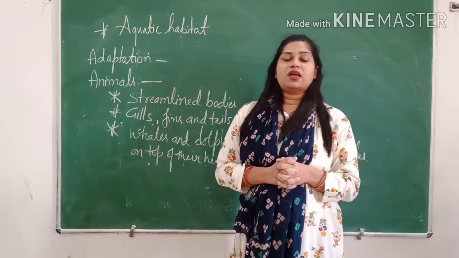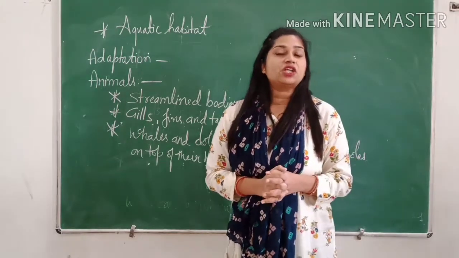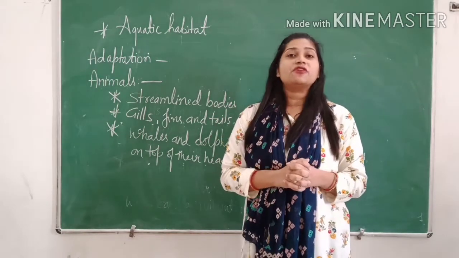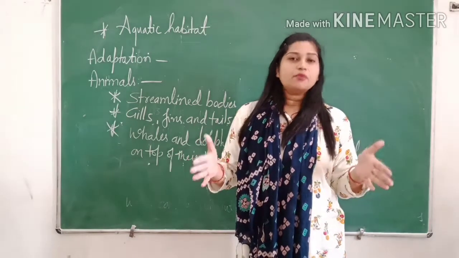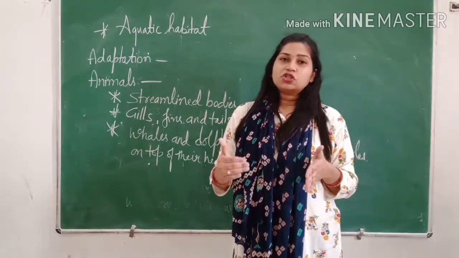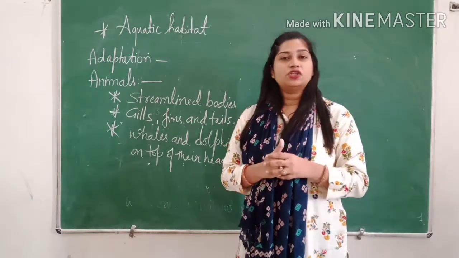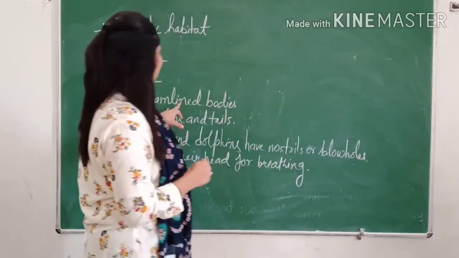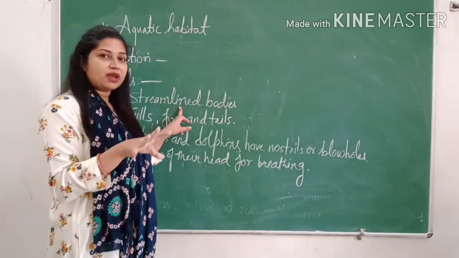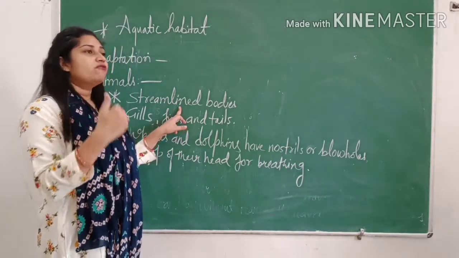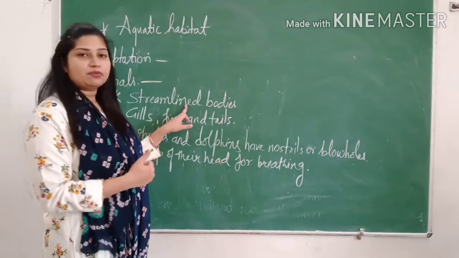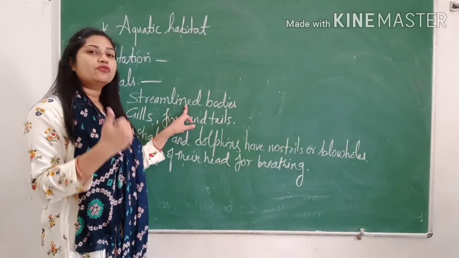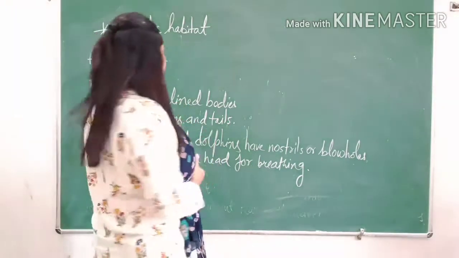For example, as you must have seen, ships are narrow at the front and broad in the middle. This kind of shape is known as a streamlined shape. Most aquatic animals either have a streamlined body, or while moving through the water, they acquire a streamlined shape, which helps them to move easily through the water.